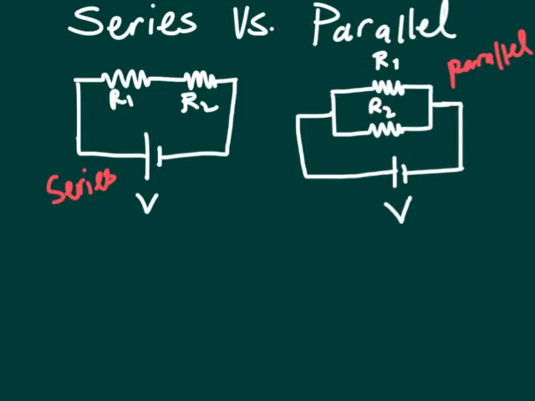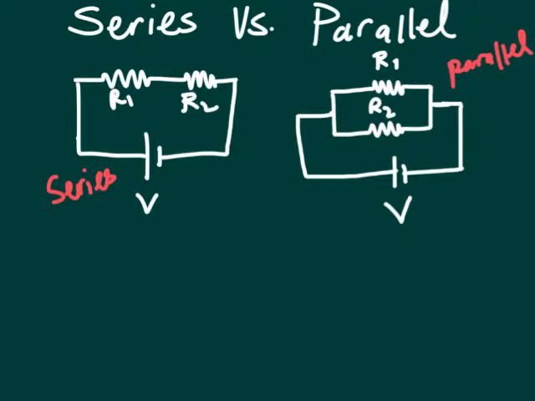Okay, so let's begin with the series circuit. Notice that beginning from the EMF source, as we go around the series circuit, there is only one conducting path.